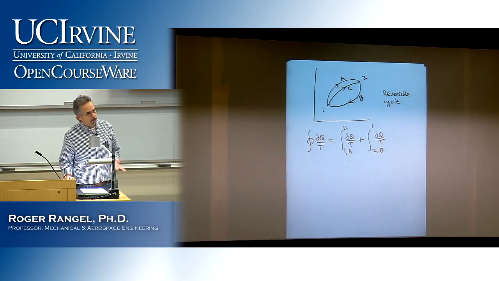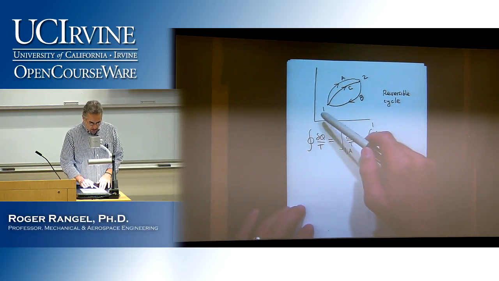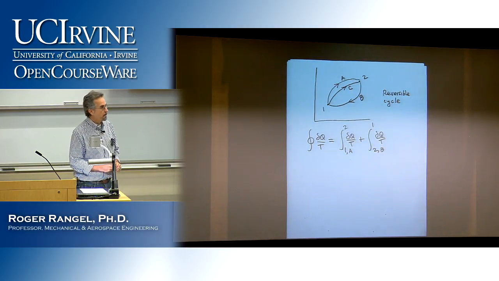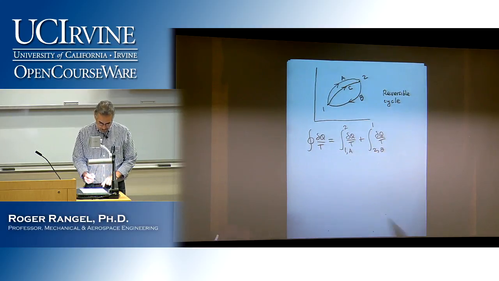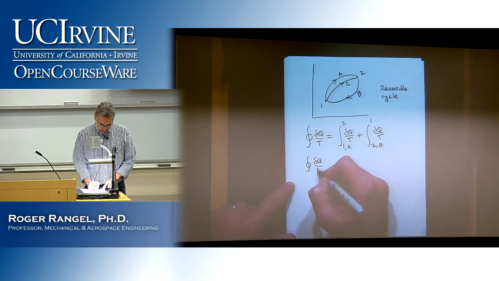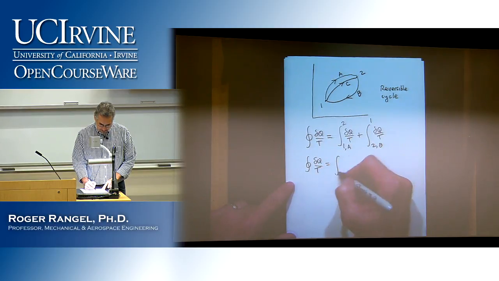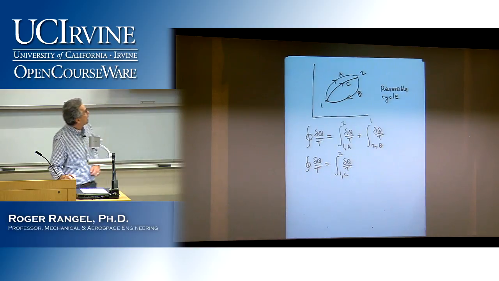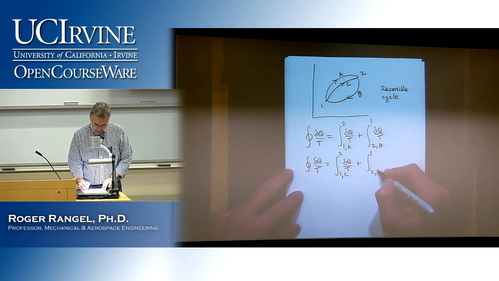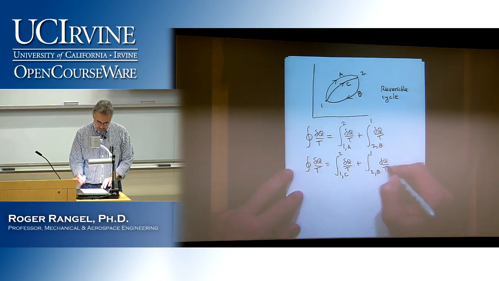So now I have another cycle, but this time I go on C and come back on B. I do the integral for the cycle of delta Q over T. Now I get the integral from 1 to 2 on path C, and then I return from 2 to 1 on the same path B, of delta Q over T.